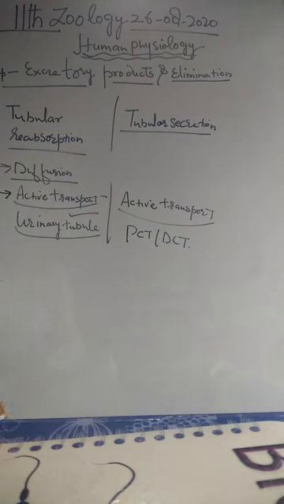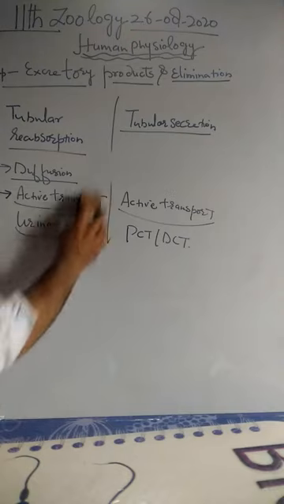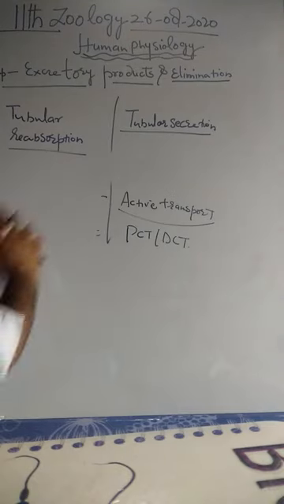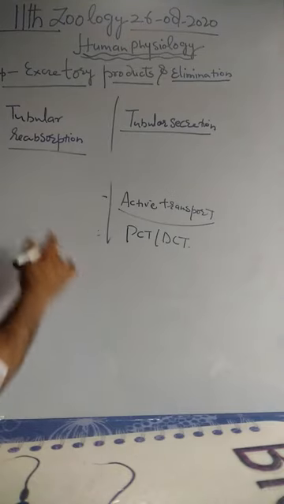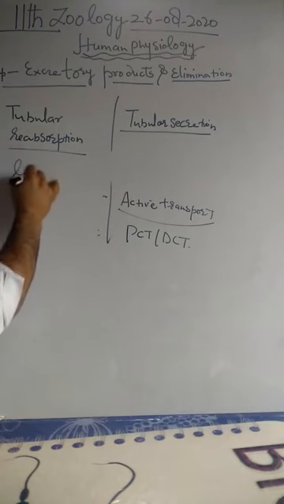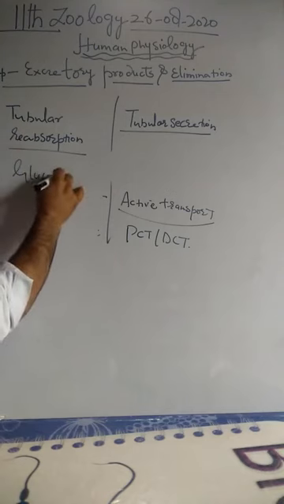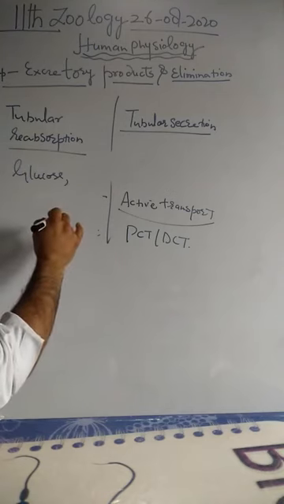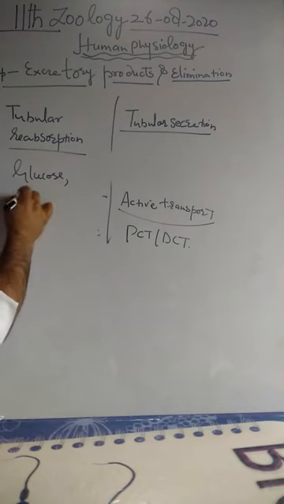One more difference is there. In the tubular reabsorption, reabsorbed materials include glucose. The reabsorbed substances which are passed from this filtrate into the blood include glucose, which is again poured into the bloodstream. It includes amino acids.